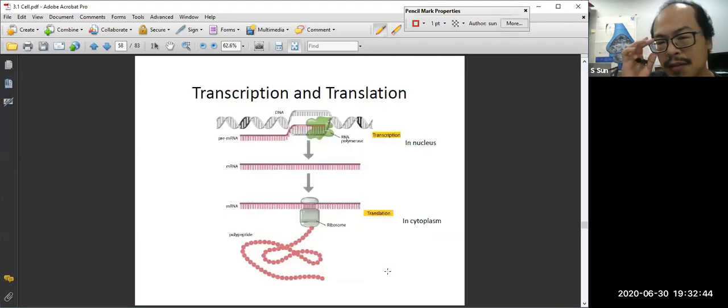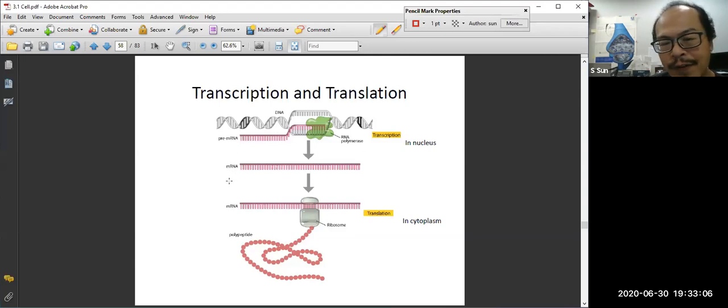So here is the picture showing you that we have the RNA polymerase to transcribe DNA into the RNA.